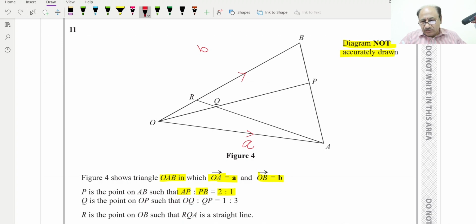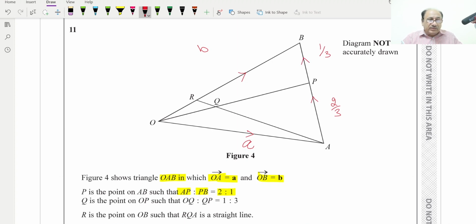So we can write this one as 2 by 3 and this one as 1 by 3. So PB will be 1 by 3 portion of whatever AB is, and AP will be 2 by 3 of whatever AB is. So this direction, and for this one it will be this direction.